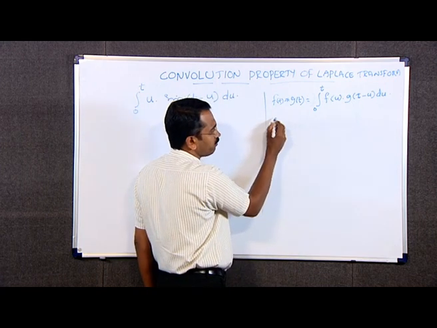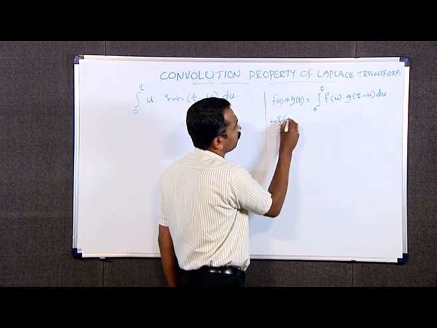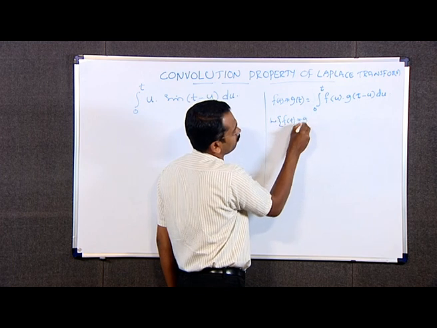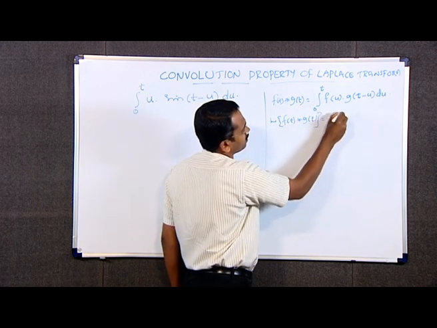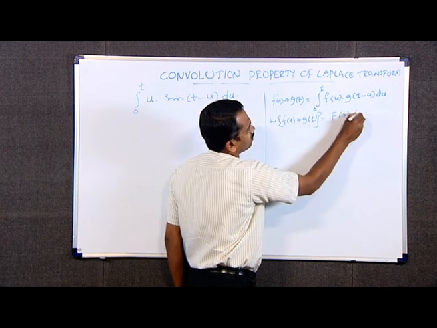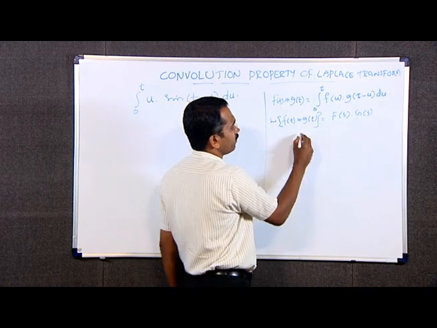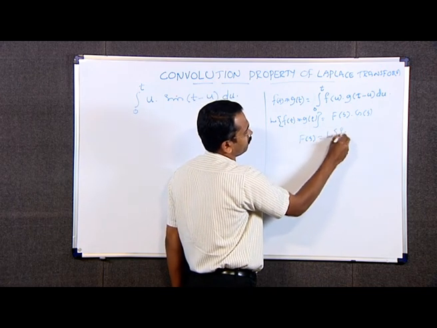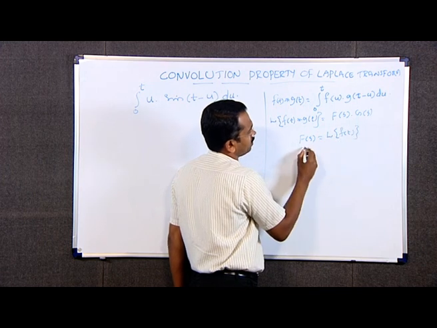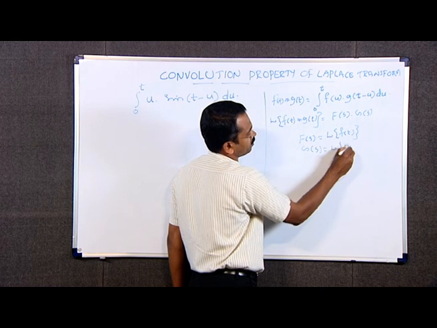And we have the property, convolution property, L of f of t star g of t is equal to F of s into G of s, where F of s is the Laplace transform of f of t and G of s is the Laplace transform of g of t.